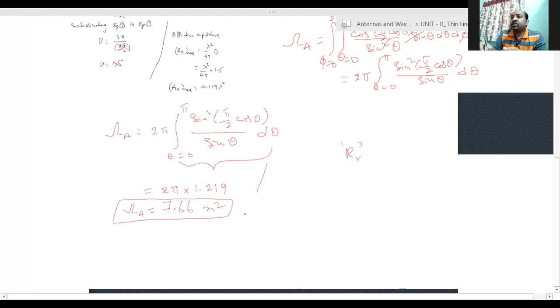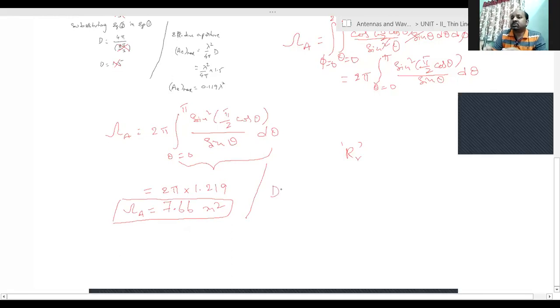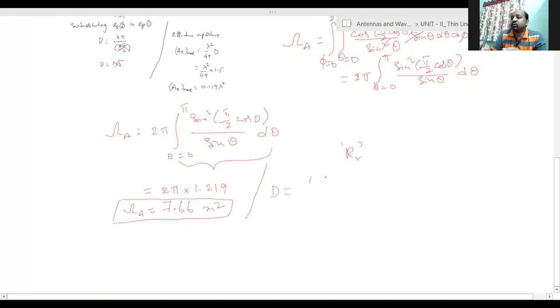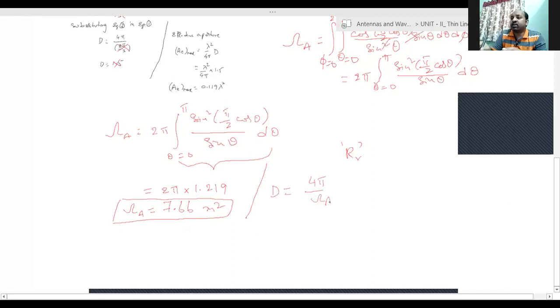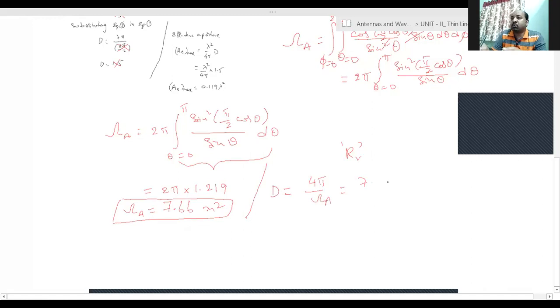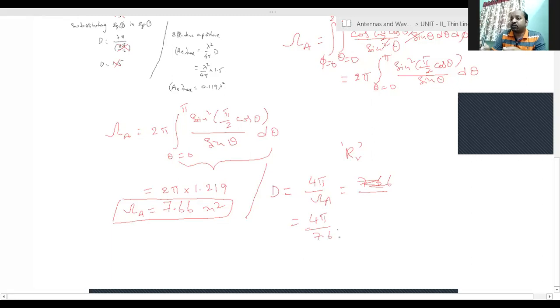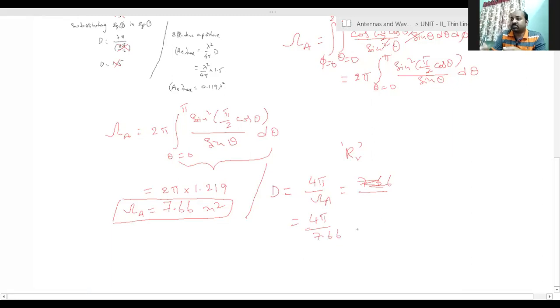If we know the beam area, we can determine the directivity. So what is directivity? D is equal to 4 pi by beam area, and this is equal to 4 pi divided by 7.66.